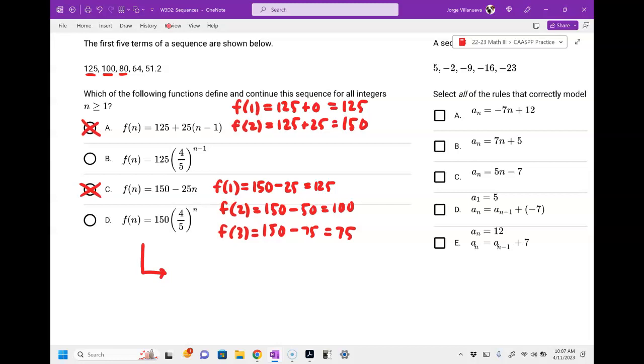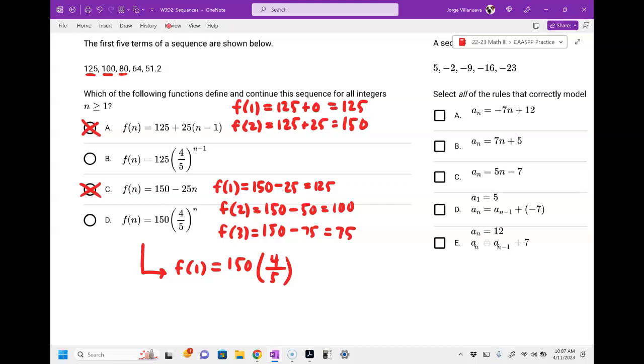So, all right. If I try f of 1, that's 150 times 4/5 to the first, which is just 4/5. 150 times 4/5, or I guess let me divide. 150 divided by 5. What is that? That doesn't go in evenly, right?